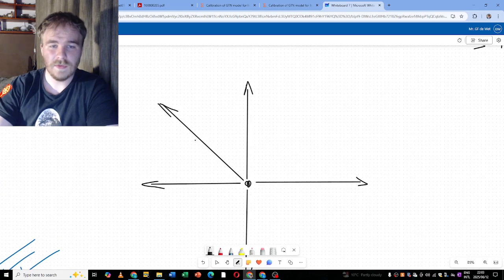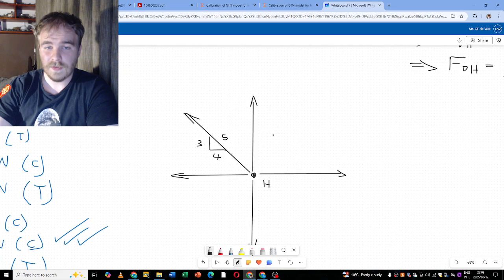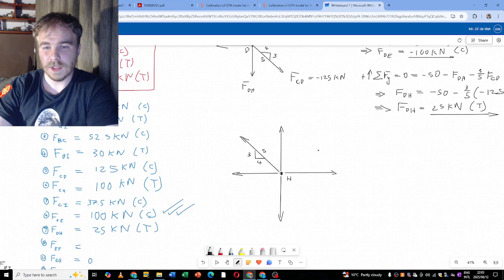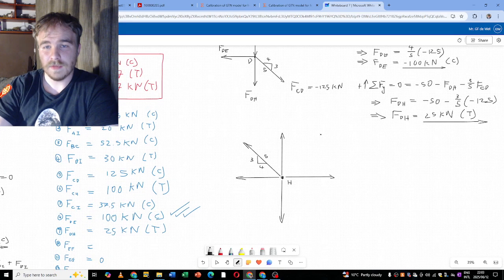And we have to be careful about this direction. This is point H, and this direction is 4 in the X direction, 3 in the Y, with length being 5 then. Okay, now we just have to check them, see if they are all in the right place.